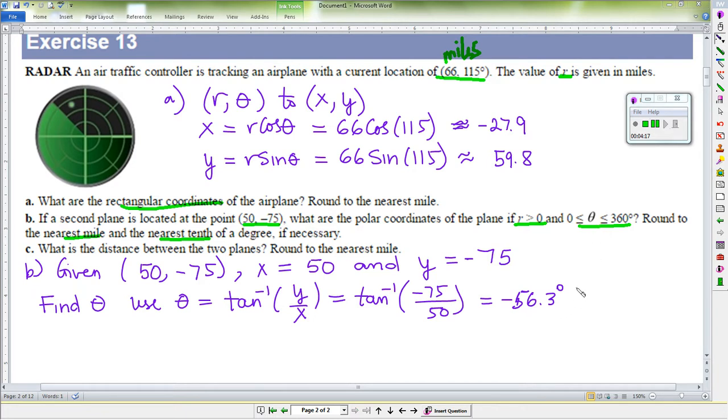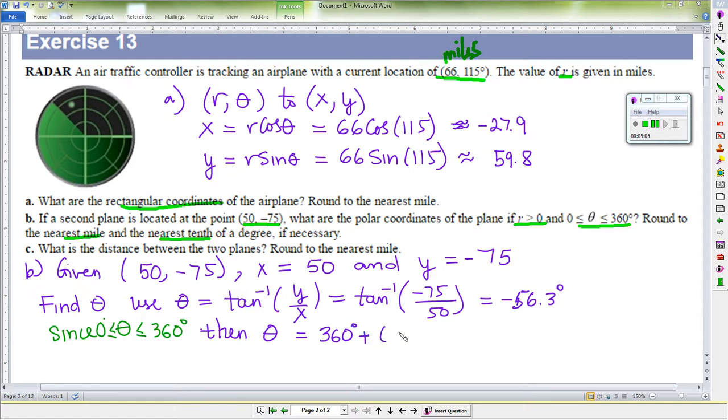Then the next step will be, since theta has to be between 0 degrees and 360 degrees, what we should do with our negative 56.3 degrees is add 360 to find the positive coterminal angle.